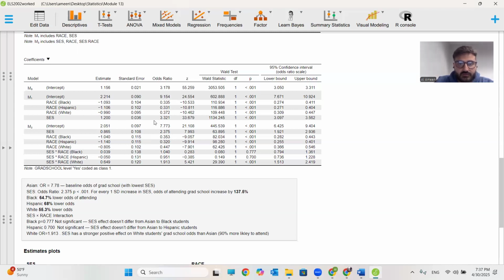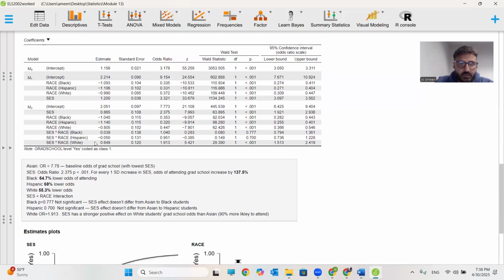You have lower odds of attending grad school. If we look at Hispanics, your odds ratio is 0.32, so 1 minus 0.32 means that you have lower odds by 68% to attend a grad school compared to an Asian student. Same thing for White students. You have 55.3% lower odds of attending grad school compared to Asian students.